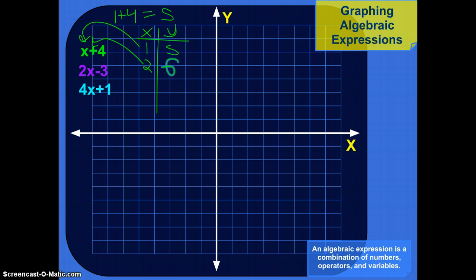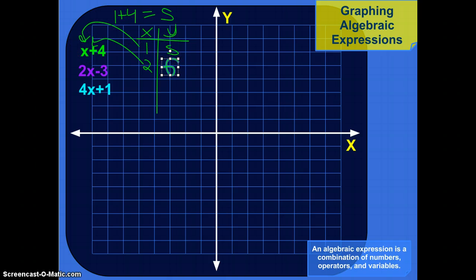So let me show you what to do with those results. Here we are on the coordinate plane, and there are 2 axes. There's the x-axis, with which I can represent the different values for x that I chose, and then the results of the evaluations I can plot on the y-axis.